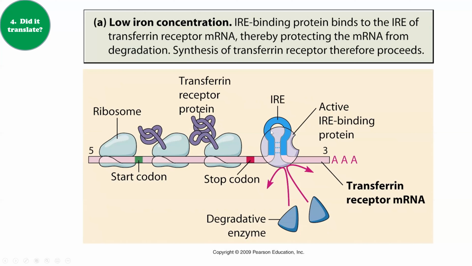So we're protecting it because this iron response element binding protein cannot bind to iron. We have low iron concentration. So it hangs out here and shields the RNA from damage. Okay, so this is an interesting example. Let's see what happens when we start to add in some iron.